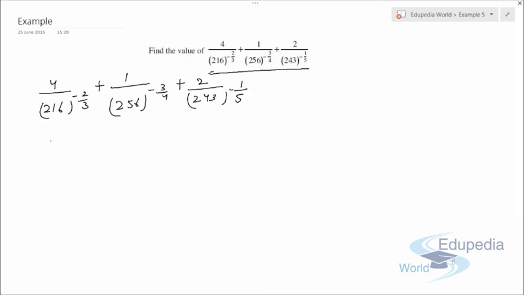So what is the next step? So we have to simplify each number to its prime factors. Again, 216 can be factorized as 6, 6 3s are 18, 3 carry 36, 6 6s are 36 and 6 1s. So it can be written as 6 cube.